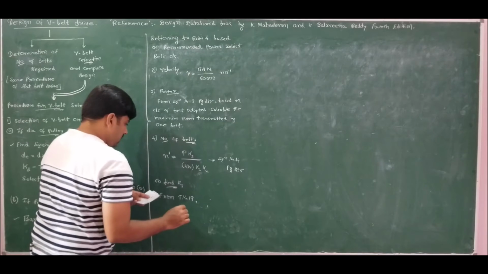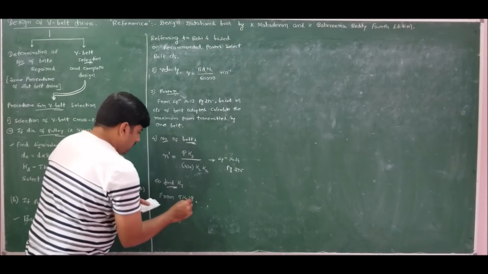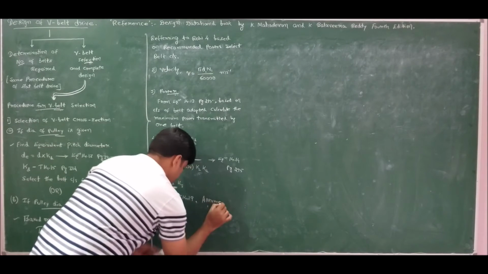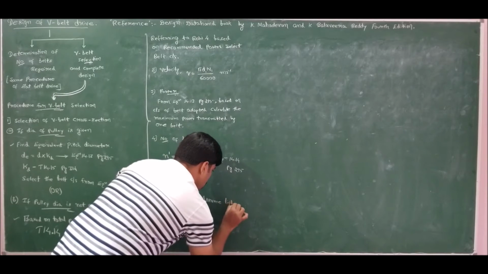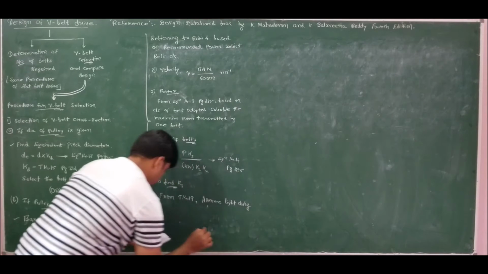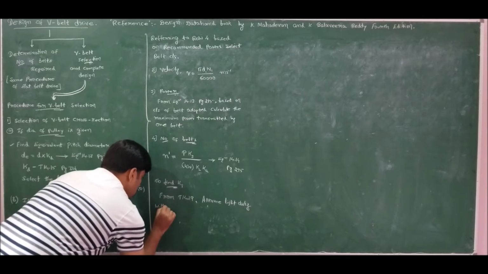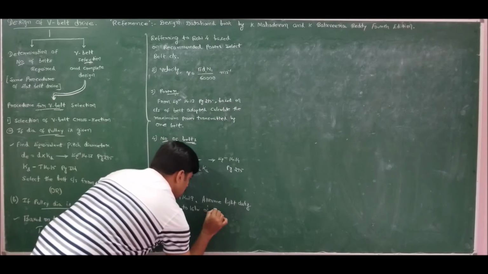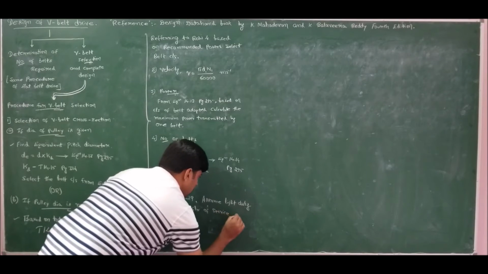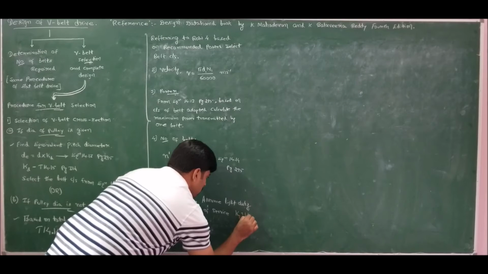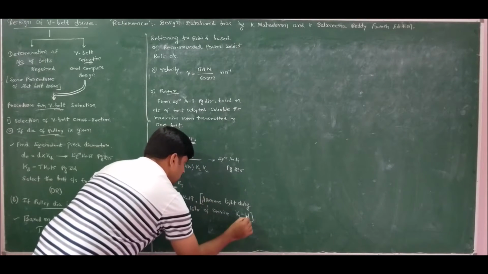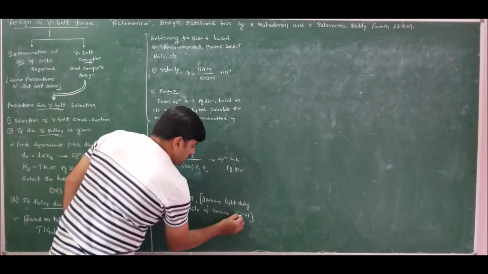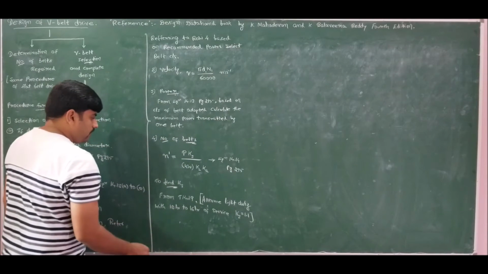If the service hours and the type of machine is not mentioned, then assume light duty with 10 hours to 16 hours of service and take Ks equal to 1.1 from table 14.19.